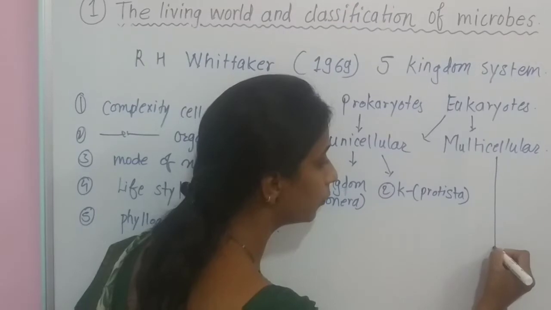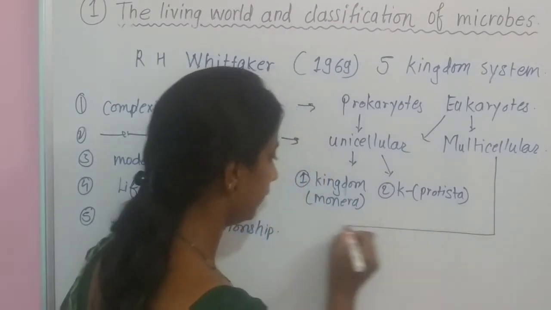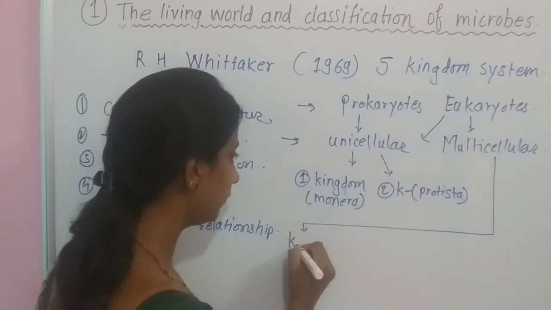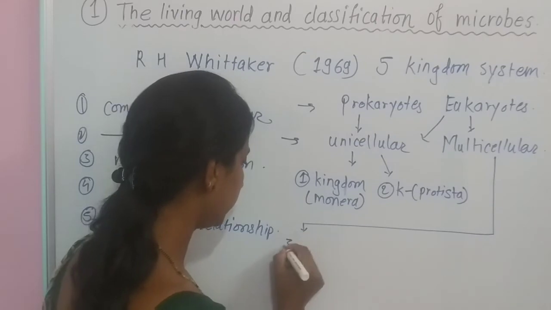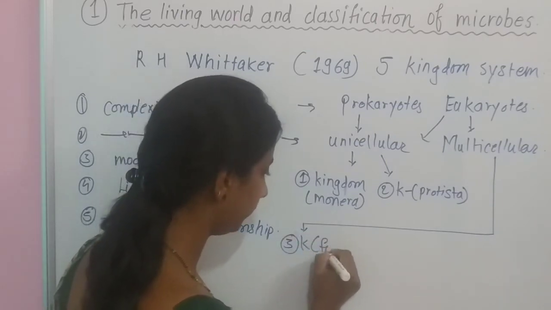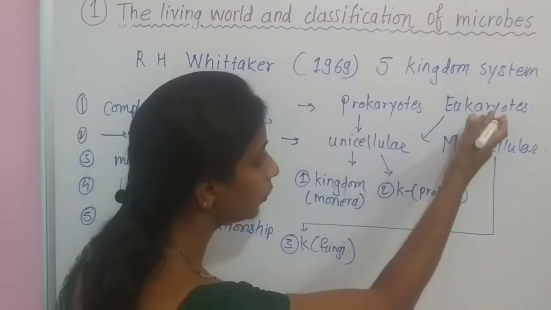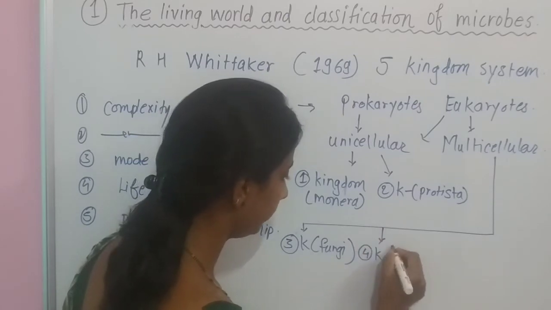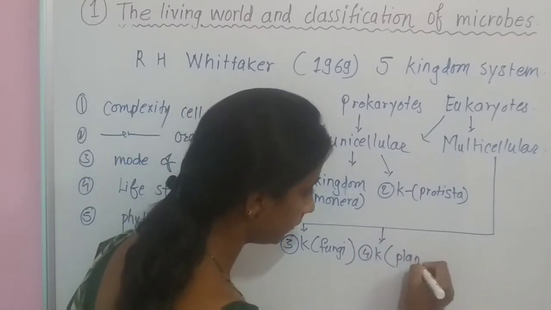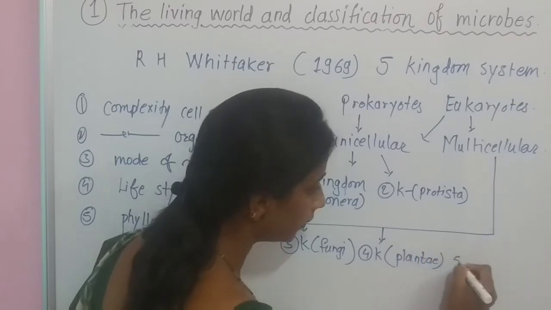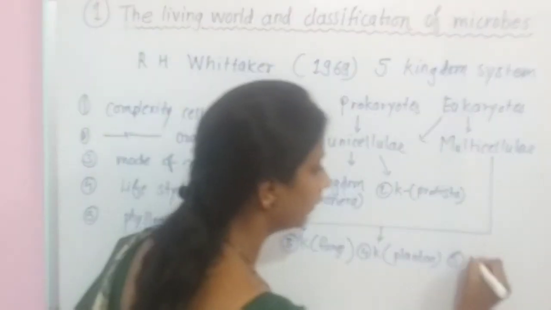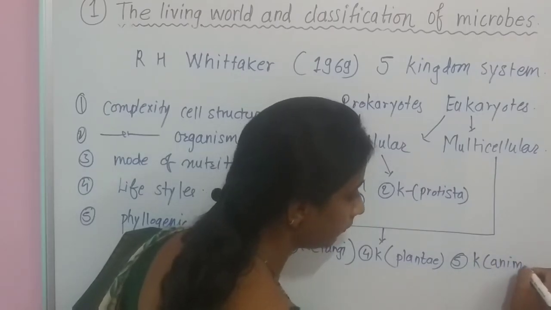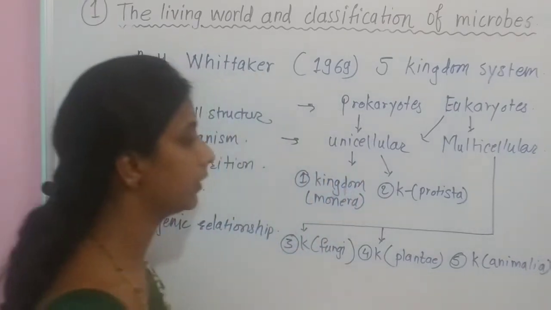He divides this group into three. The first, the third kingdom, is kingdom Fungi. Then the fourth kingdom is Plantae, and the fifth kingdom is Animalia.